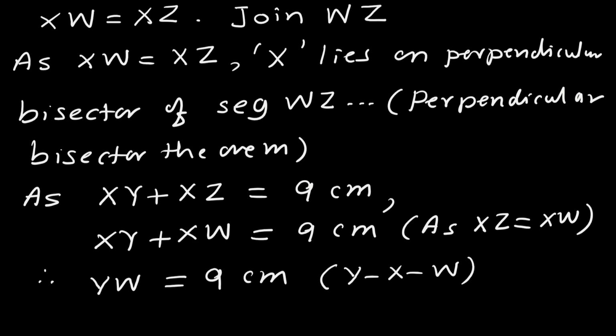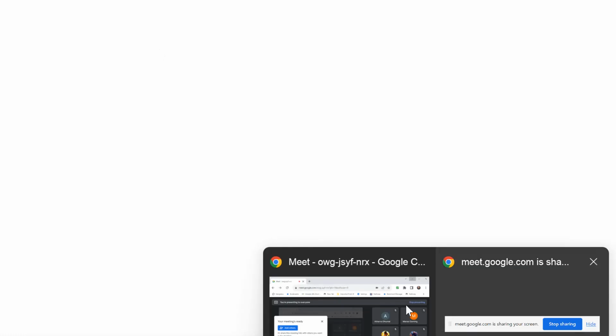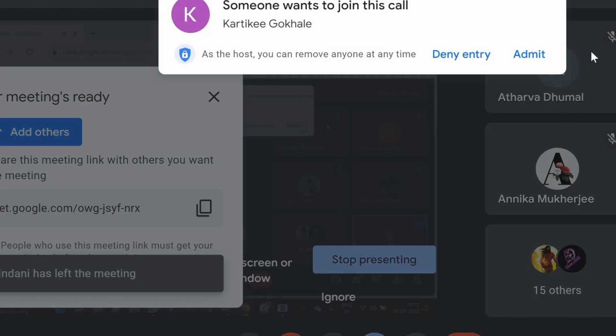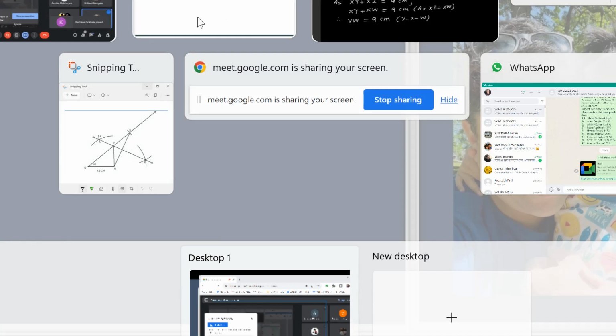Okay, now the final figure. Step 1: construct segment YZ.